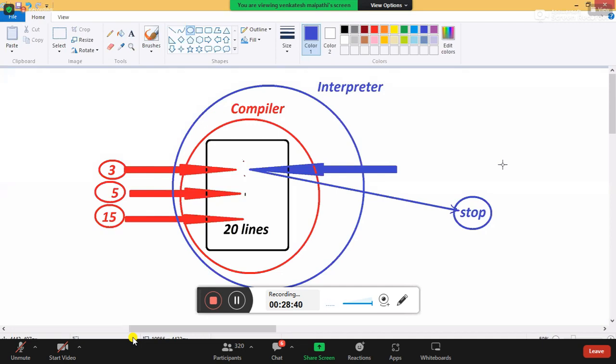That is what authors like Balaguruswamy and Yashwant Kanetkar, from your C language books, want to say to a student newly coming into programming. They wrote that the interpreter will translate the program line by line. Line by line means only if the first line is correct, line 2 will be done; only if line 2 is correct, line 3 will be done. Line 3 correct means I'll go forward. Line 3 not correct, came out.